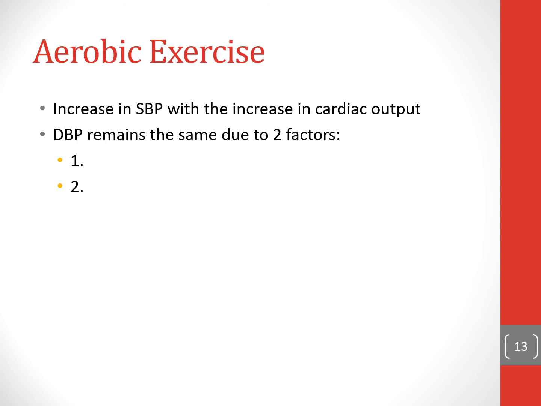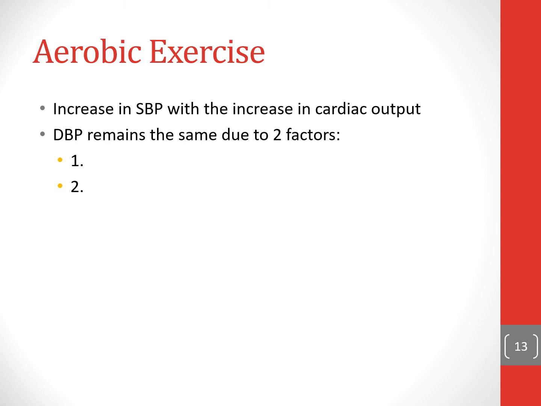Diastolic blood pressure will remain the same or maybe even decrease slightly due to a few factors. Number one is vasodilation. So, we talked about the principles of hemodynamics and the radius of the tube being such a huge factor in terms of determining the resistance to flow.